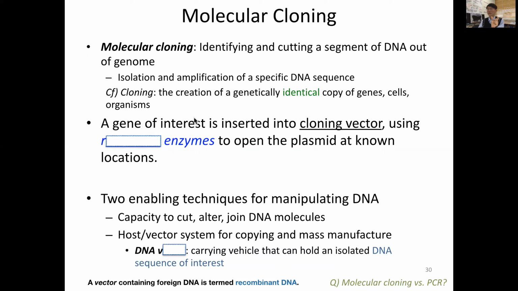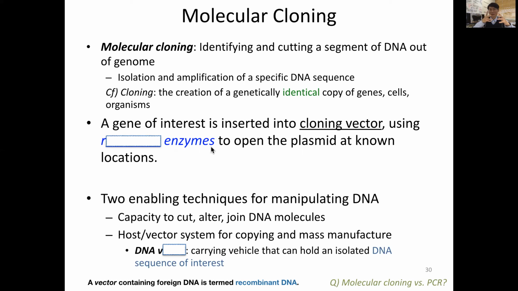The gene of interest can be inserted into a cloning vector, using enzymes to open the plasmid at known locations. Later we'll talk more. Bacteria have developed an enzyme which recognizes bacteriophage, a virus which parasitizes bacteria.